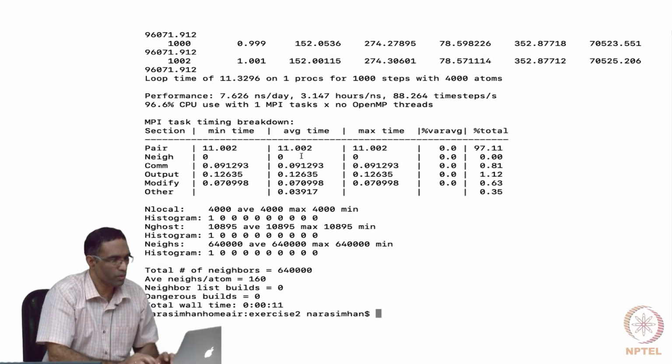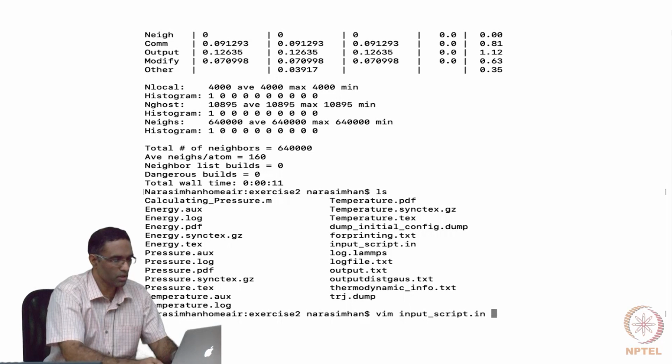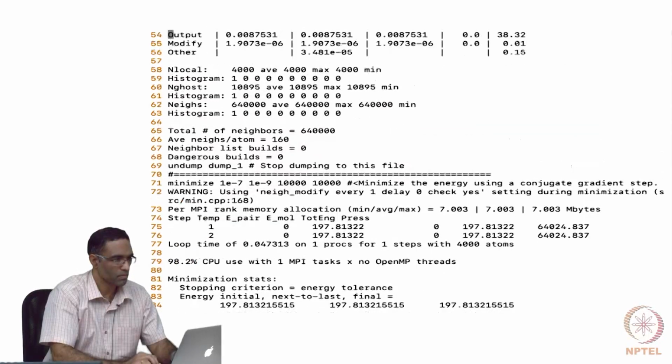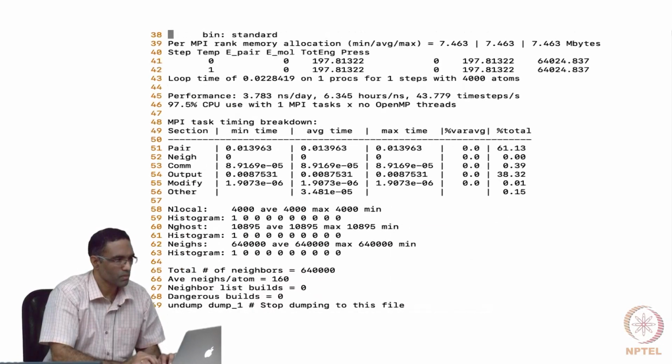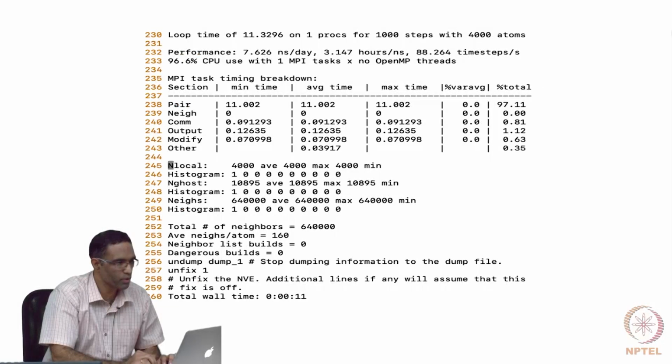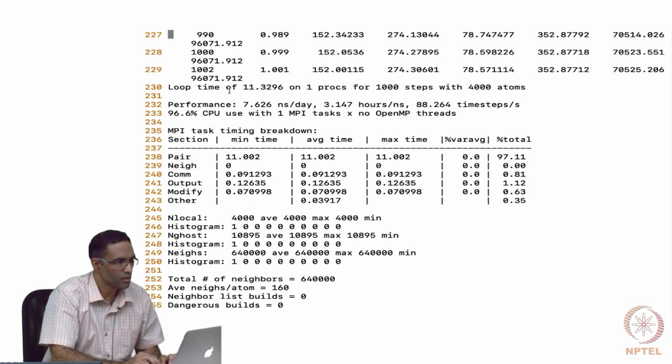It's done. So when you look at the log file, some additional information is also available. It tells you how long this simulation has taken to run, and this is useful for you to decide: loop time of 11.3296 on one processor for 1000 steps with 4000 atoms.